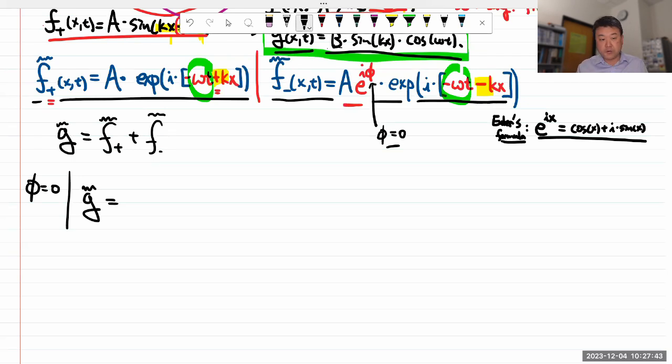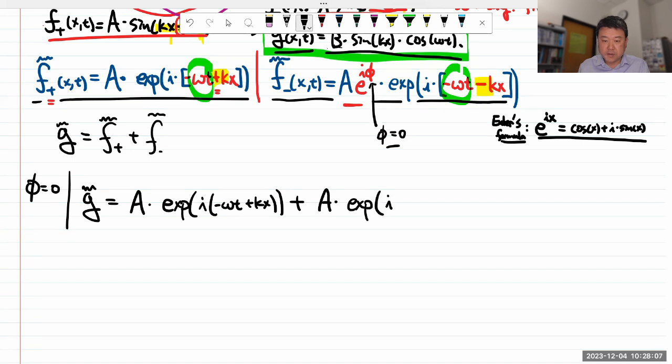Let me write out the whole expression: A times exponential of i times minus omega t plus kx, plus, with phi equal to 0, e to the i 0 is just 1, so it'll be A times exponential of i times minus omega t minus kx.